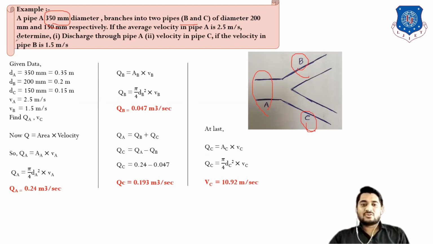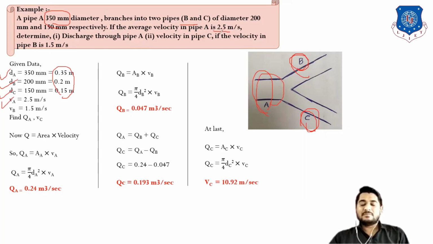The diameter of B is 200 mm and the diameter of C is 150 mm. So all the diameters are given: for A 350 mm, for B 200 mm and for C 150 mm. We have to convert all the diameters into meters. Clear? If the average velocity in pipe A, so V of A, is 2.5 meter per second.